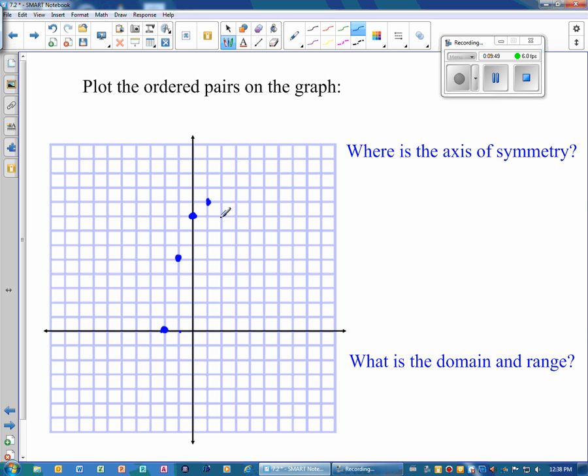When x was 2, I had 8. Okay, look at how this is my highest point. When x was 3, I was at 5. When x was 4, I was down to 0. And when x was 5, it had to be negative 7. I don't even know if I have room. 3, 4. Oh, I just have room. Okay. So remember my equation was y equals negative x squared.